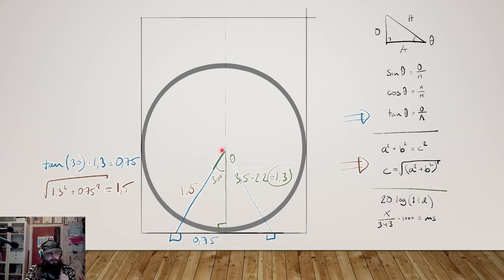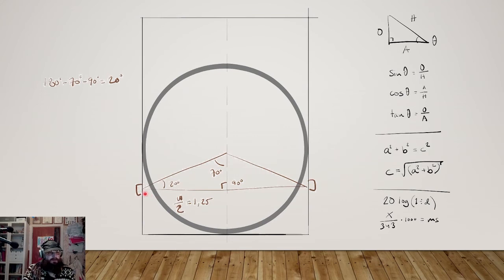We also know that using Pythagoras theorem, we have one side to the other, so that one squared plus that one squared, and the root of that is 1.5 meters. Now, that may be an unnecessary number because we know where the speaker goes, but at the end of the presentation, you will see why this matters.